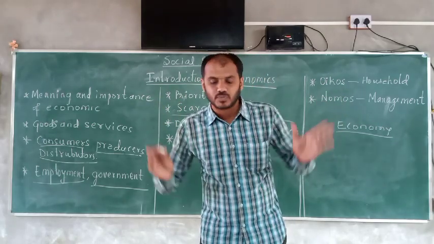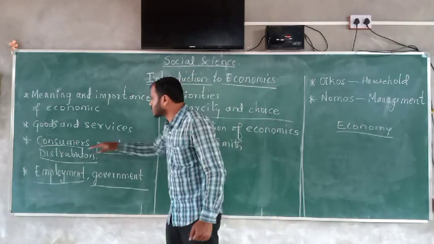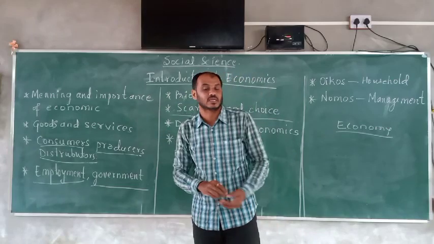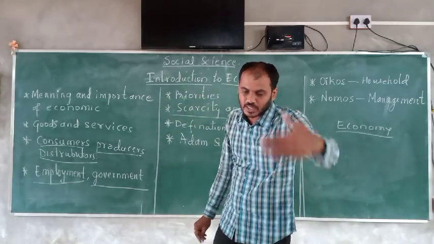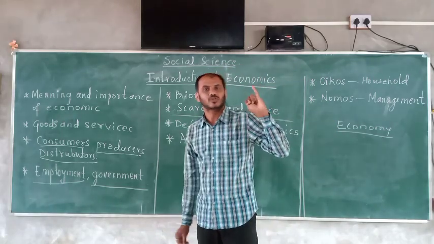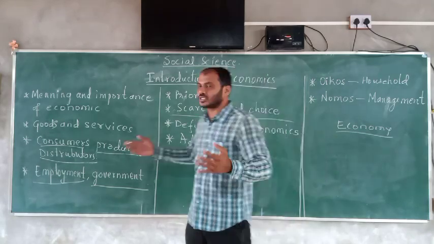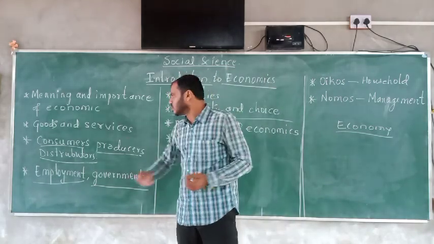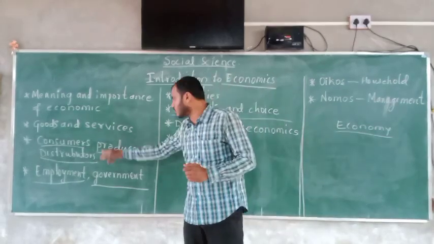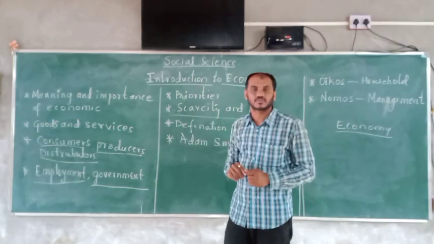Therefore, each and every normal day is characterized by the interaction among the producers, distributors, consumers, and the government. We go to a shop, where there is a distributor. The distributor gets the goods from the producers, who get them from the production unit.